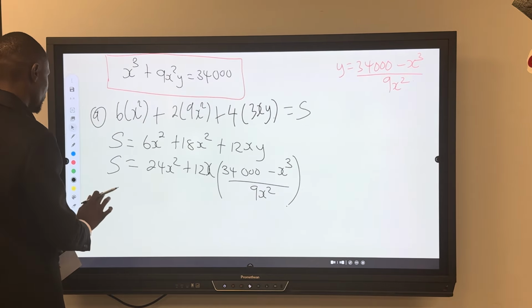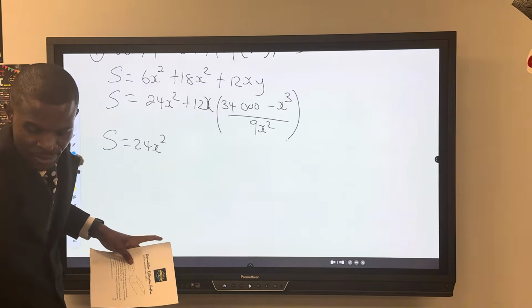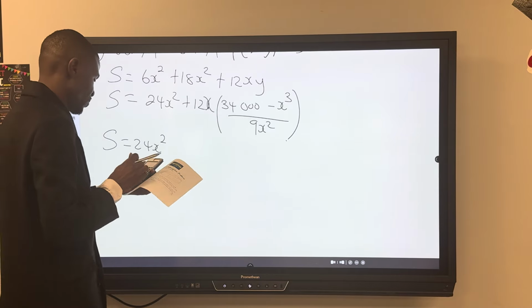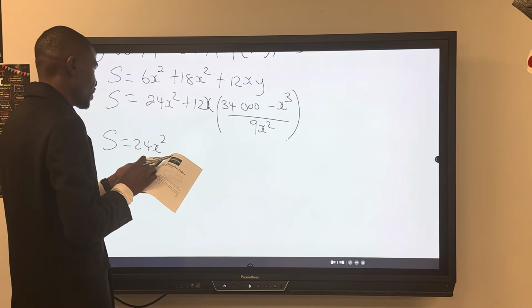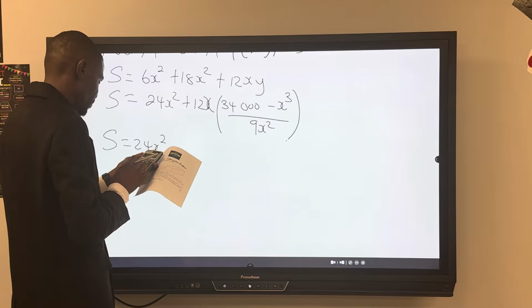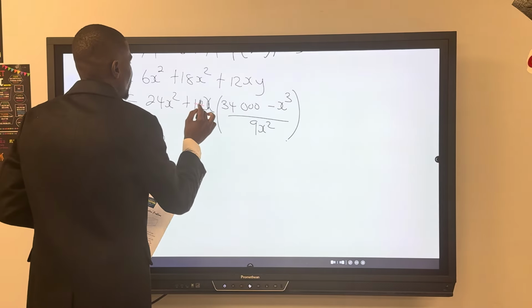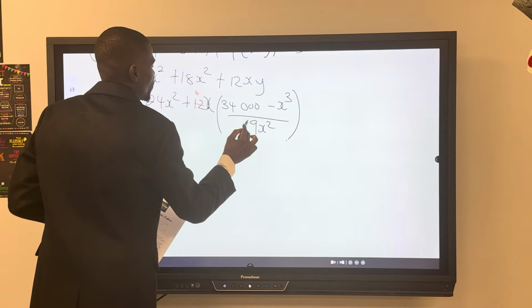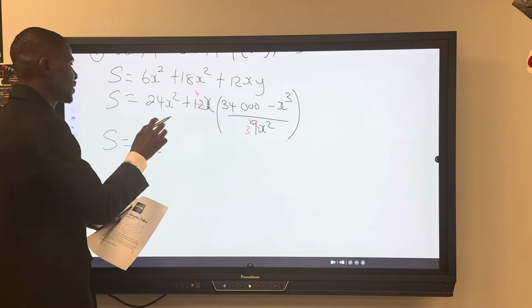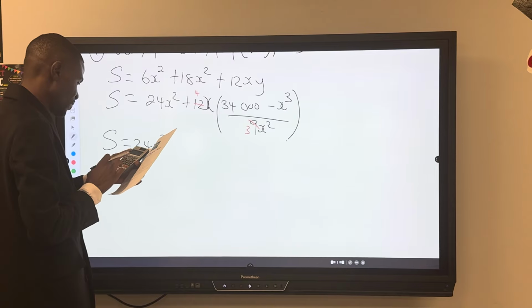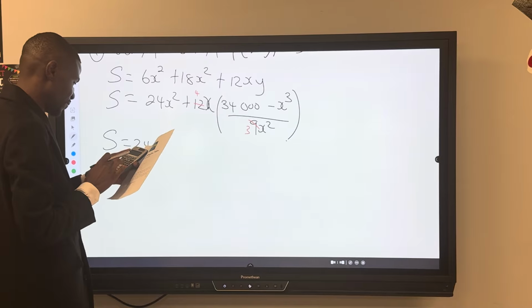If I simplify this, I'm going to get 24x squared. Here, 12 divided by 3 is 4, 9 divided by 3 is 3. So what is 34,000 times 4?